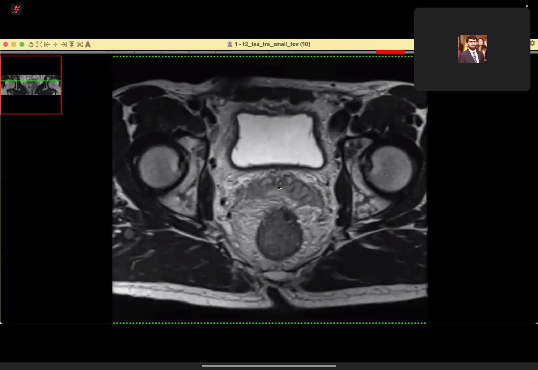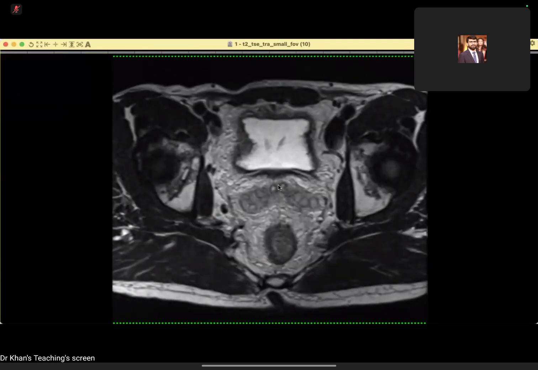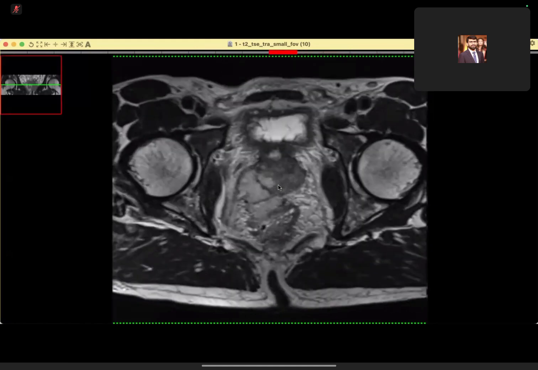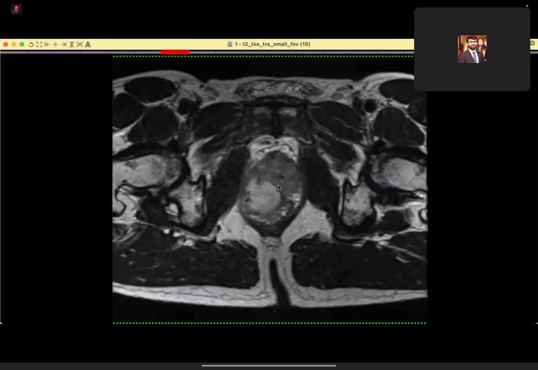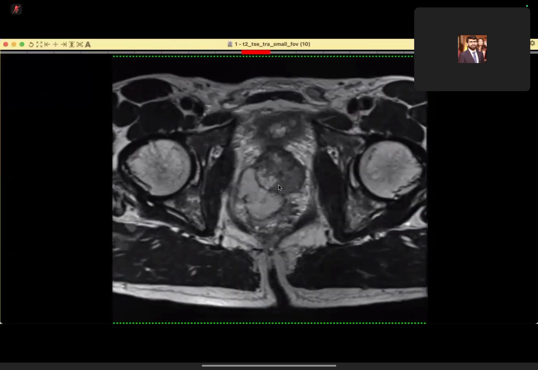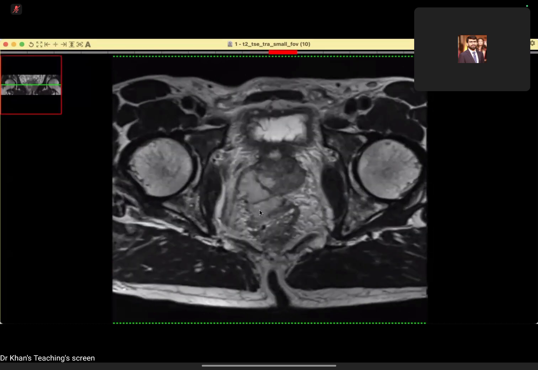The urinary bladder appears normal. The seminal vesicles also appear normal. The bones also appear normal in the visualized sections. There are significant fat strandings along the periphery of the lesion.